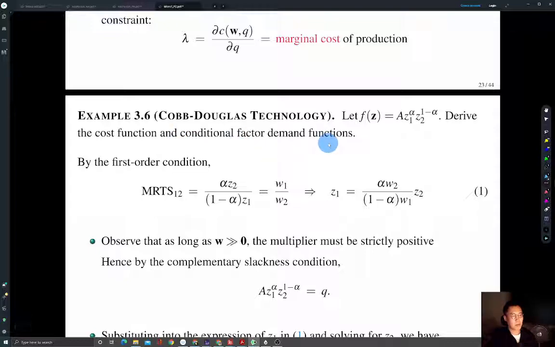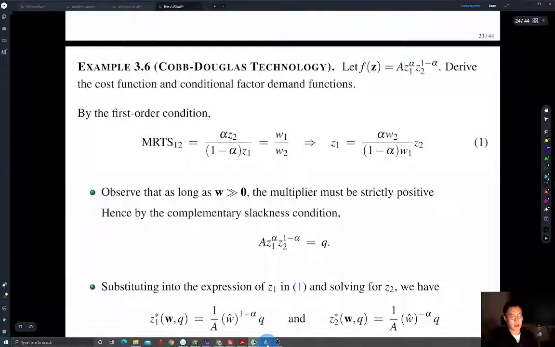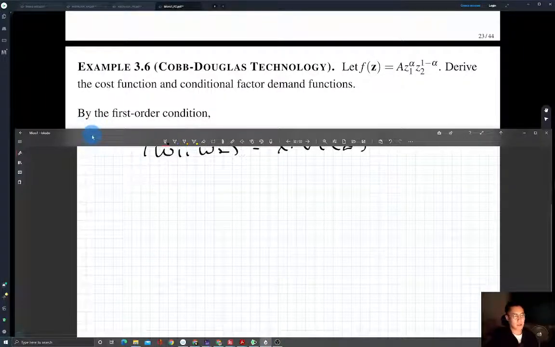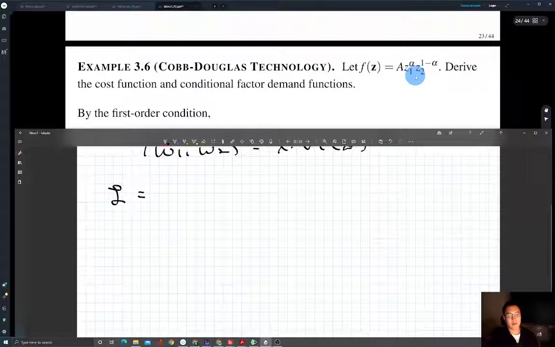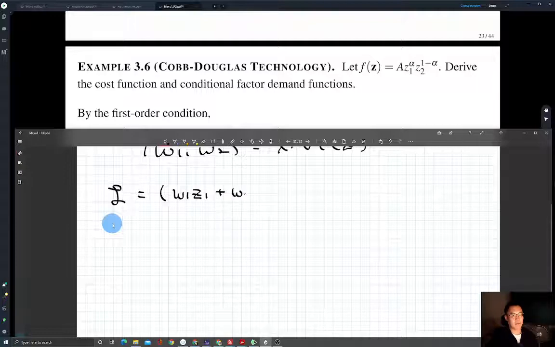So we can first write the Lagrangian. L is going to be our objective function. Now we're considering two inputs, right? So the cost is going to be W1, the price of input 1, times Z1, plus the price of input 2 times Z2, and minus lambda.